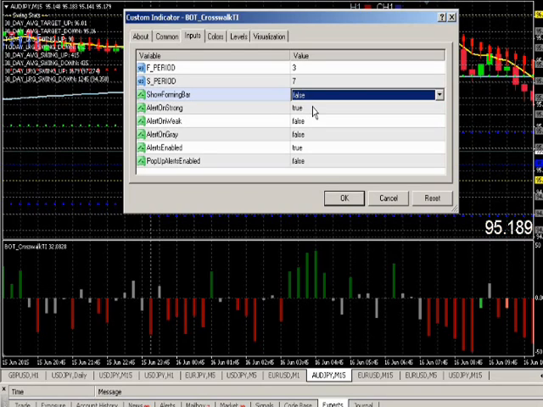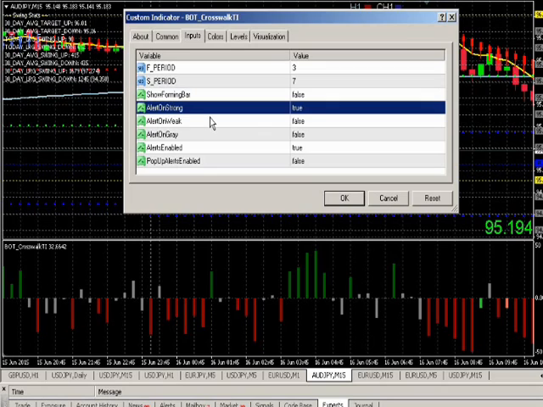I find crosswalk talks a little bit more if you're showing forming bars, it's moving back and forth. And also, when I'm using an oscillator, I like to be very close to the close, or just look at the close of the previous candle. So that's why I turn mine to false a lot of times.